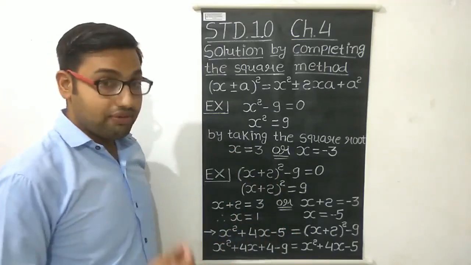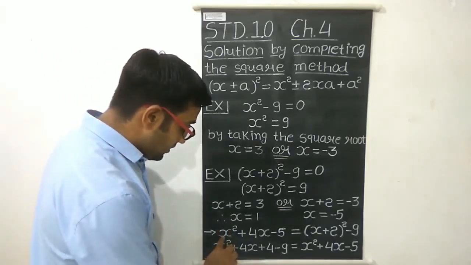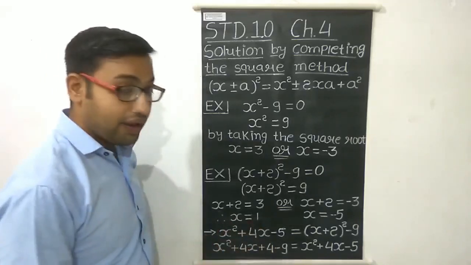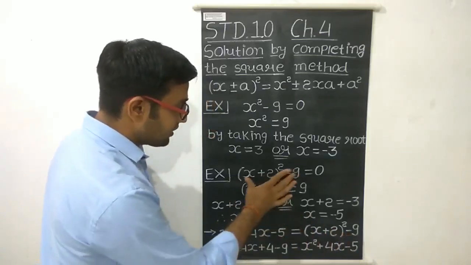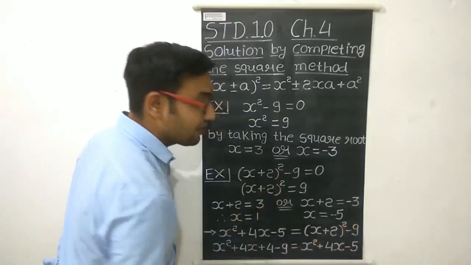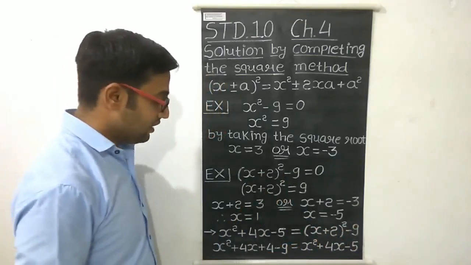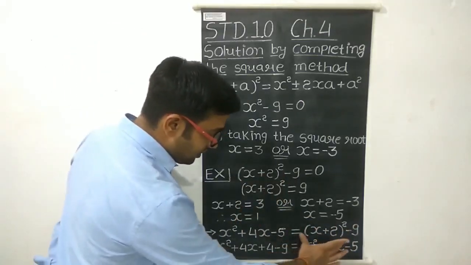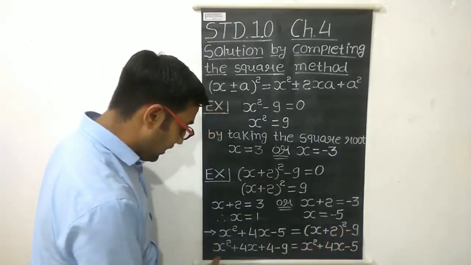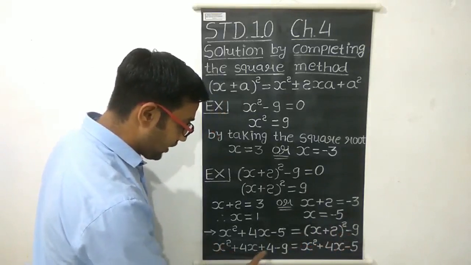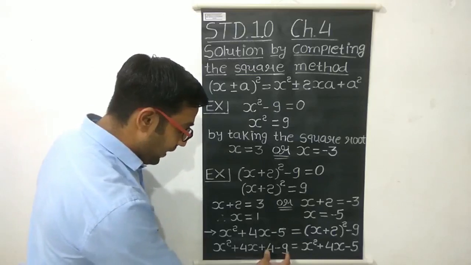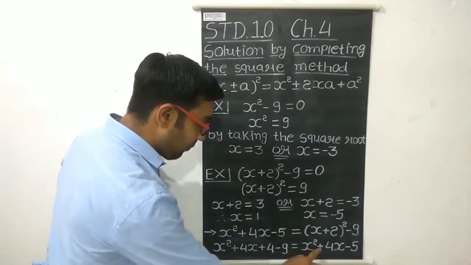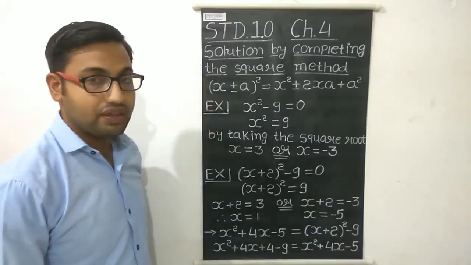Then you may wonder: this is the expression we have seen earlier, that is, x plus 2 whole square minus 9. See how this happens. This x plus 2 whole square we can write as x square plus 4x plus 4, and minus 9 as it is. So by simplifying both, we will get x square plus 4x minus 5.